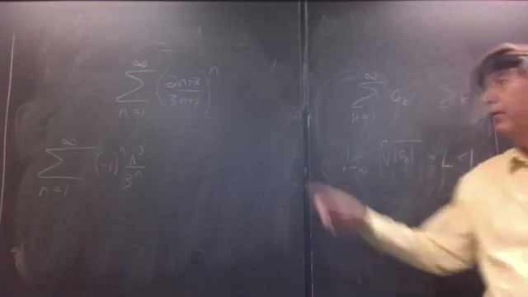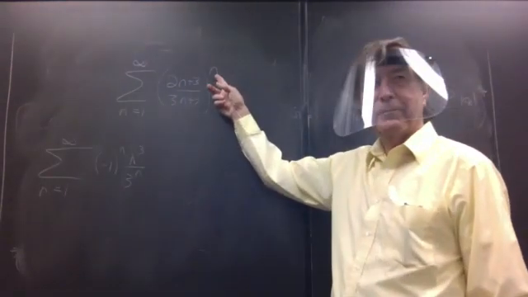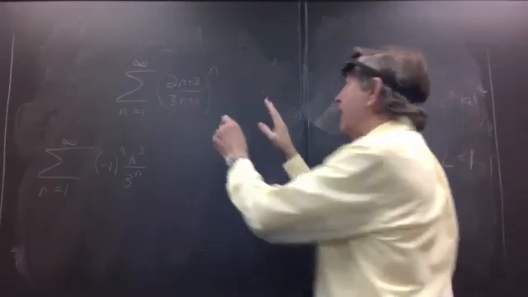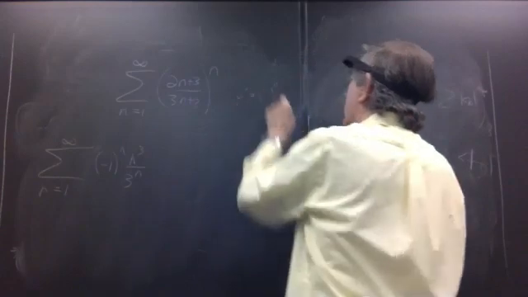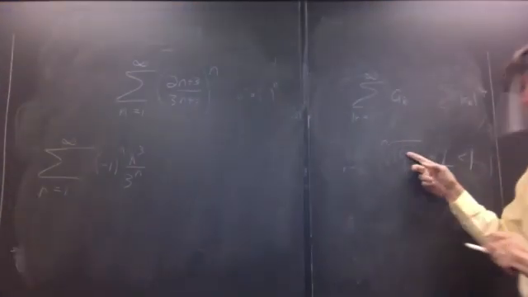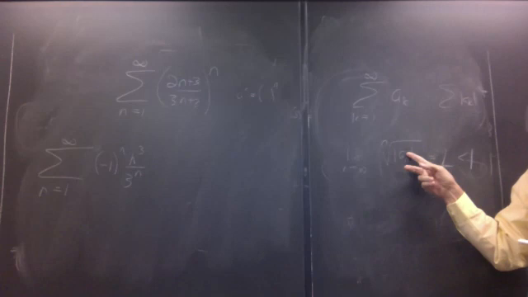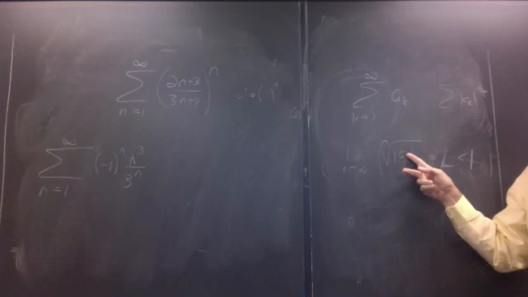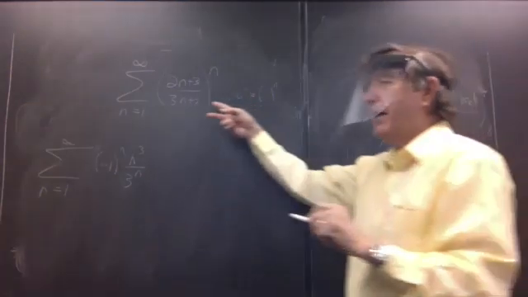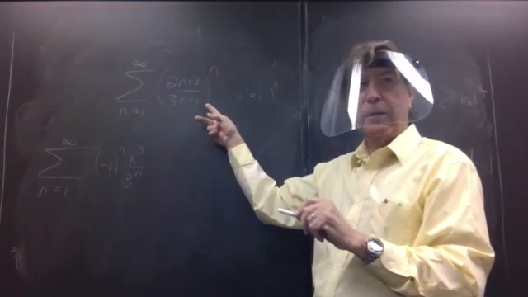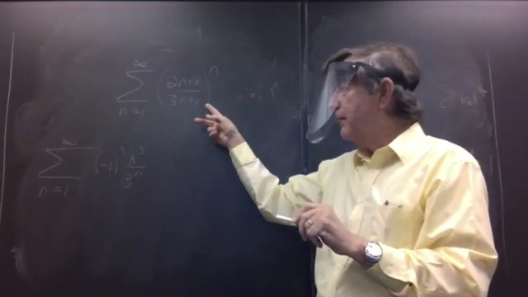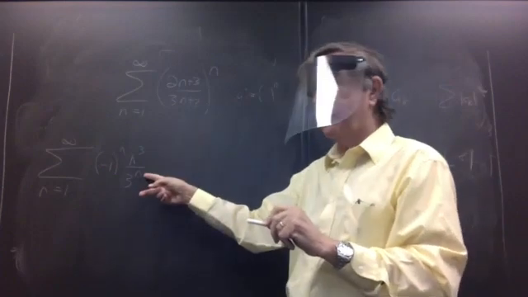Well, this one is powers. The a sub n is a thing to the nth power. What's the nth root of a thing to the nth power? The nth root and the nth power wipe each other out. So this is a prime candidate for the root test. Okay? Would this other one be a prime candidate for the root test?